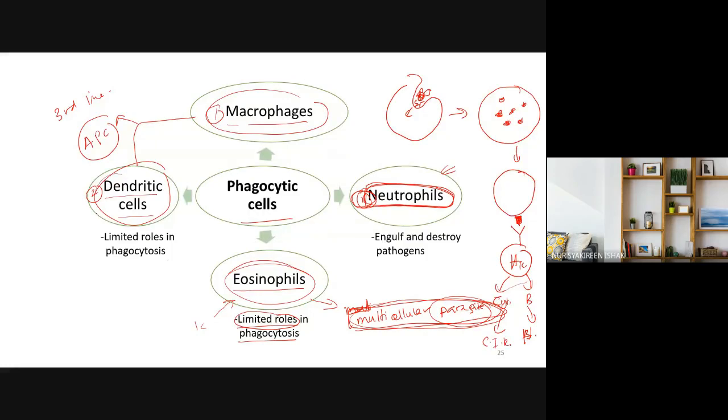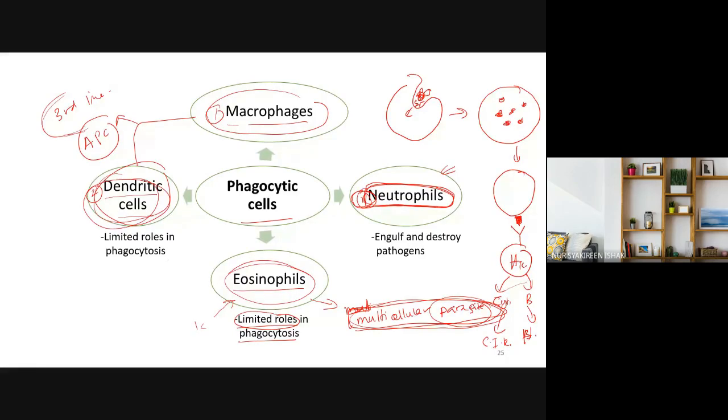Sama juga dendritic cell ni. Dia akan terlibat dalam mengaktifkan the third line defense, to protect your body against invasion of certain specific pathogen based on the antigen that are present from that pathogen.